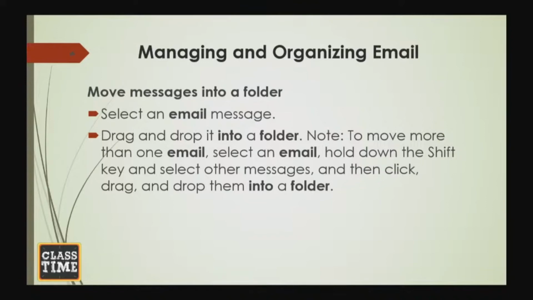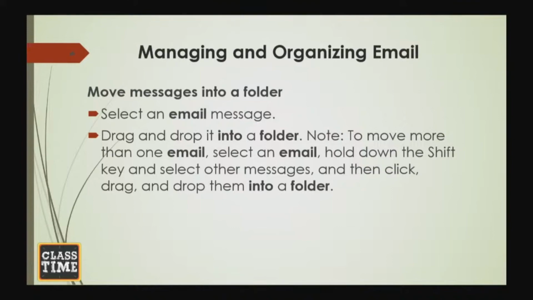Another way, if you want to move more than one message at a time, click on the message, hold down the shift, and then you click the other messages, and then you drag them to the folder. So you click on one first, hold down the shift, and then you click the others and drag them, dropping them in the folder that you would want them to be in.